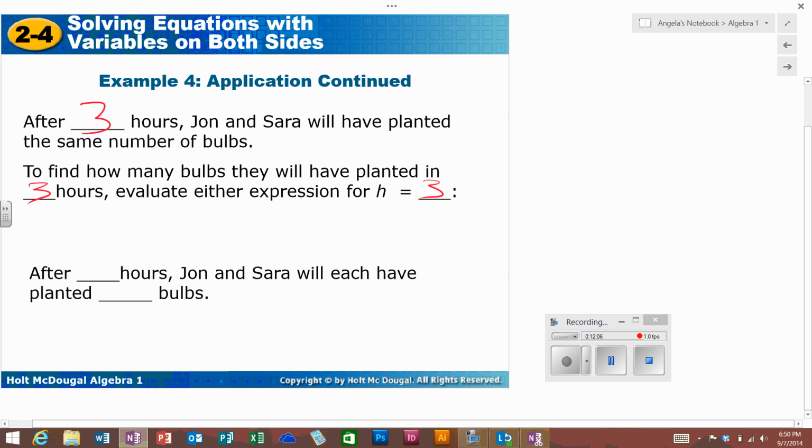Okay? So for John, I'm going to use a J. For John, he's going to plant 60 plus 44 times H. For Sarah, we know she's going to plant 96 plus 32 times H. So now I'm going to plug that 3 in to that H for both of them.